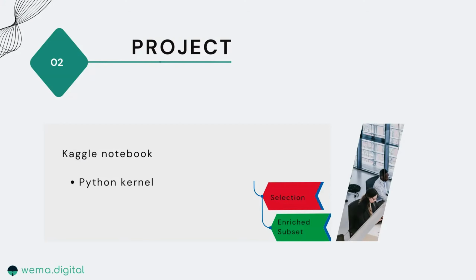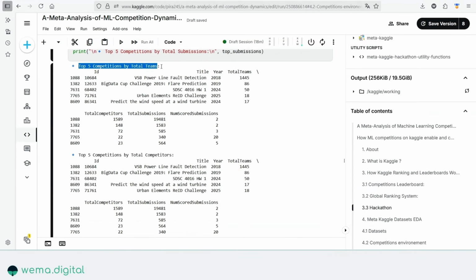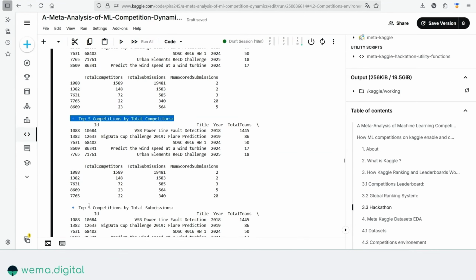This highlight leads to the third step, which is the selection of a competition based on metrics such as total competitors, total submissions, and number of scored submissions.